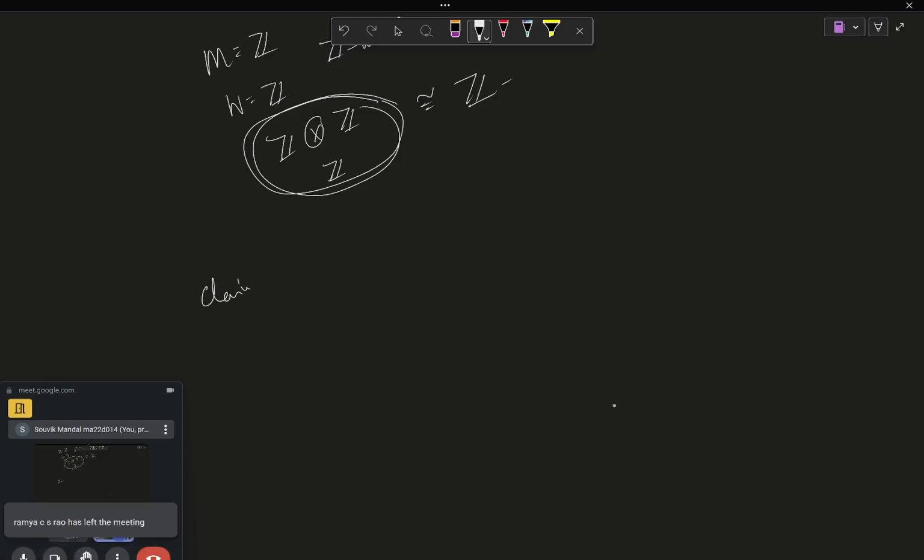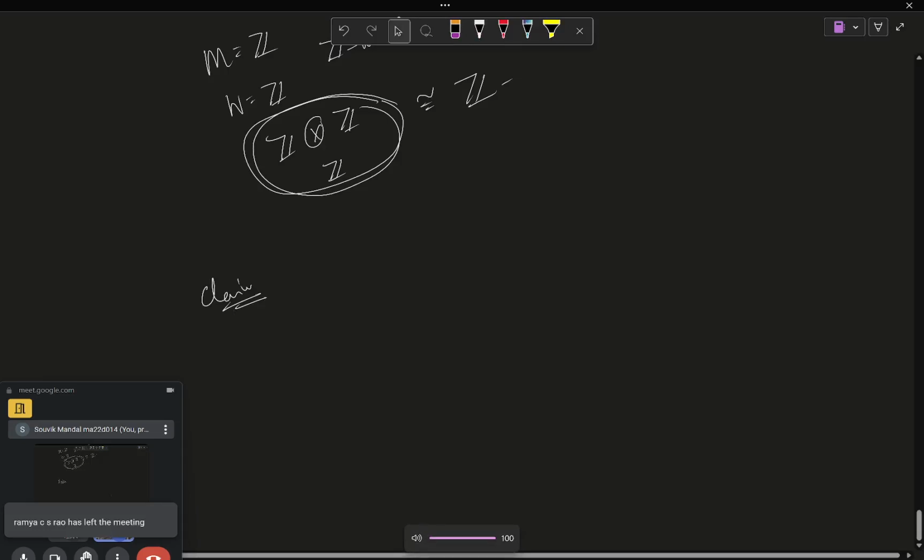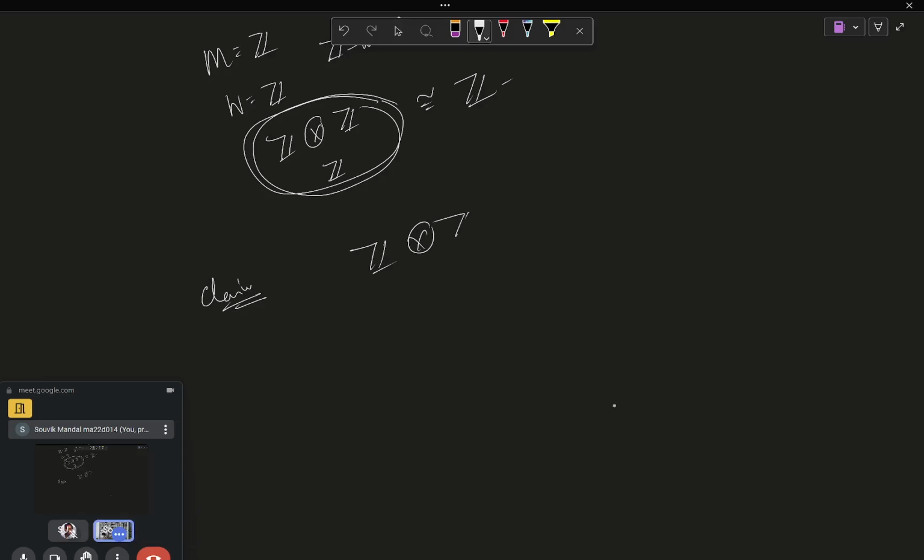So the claim is that Z tensor Z is isomorphic to Z. Do you understand? Yes, yes. Yeah, this is what we will prove. So for that, what to do? Now listen carefully.